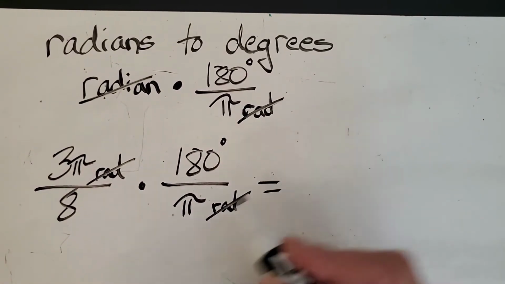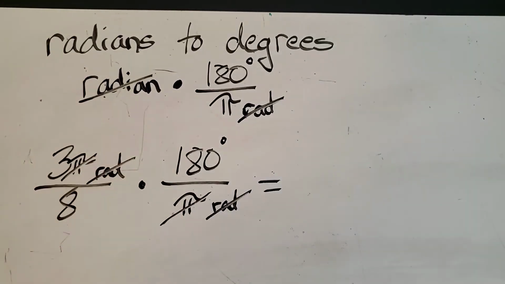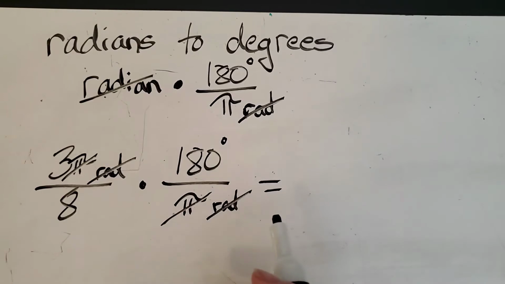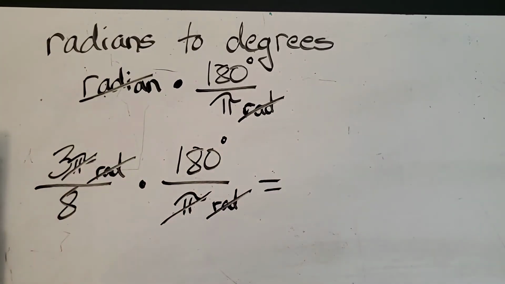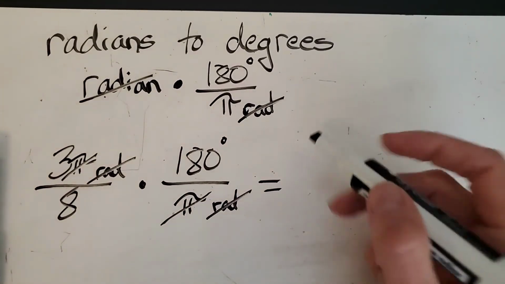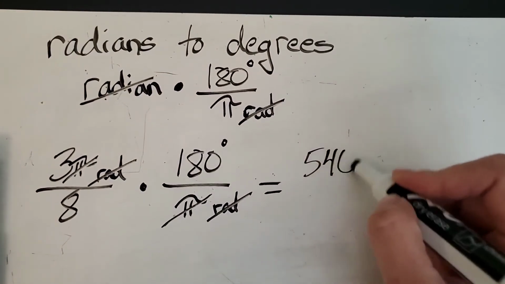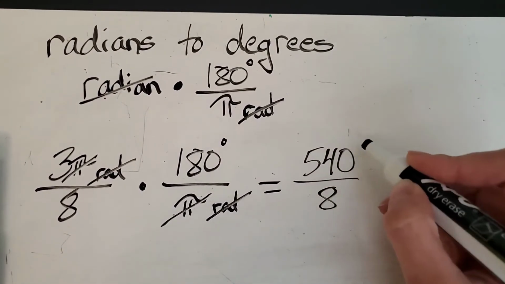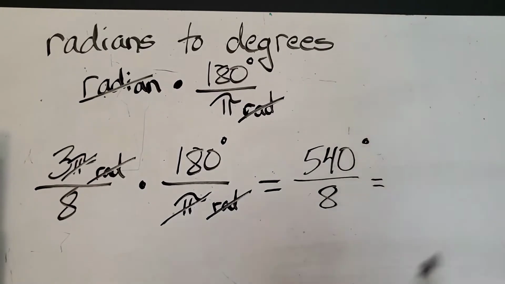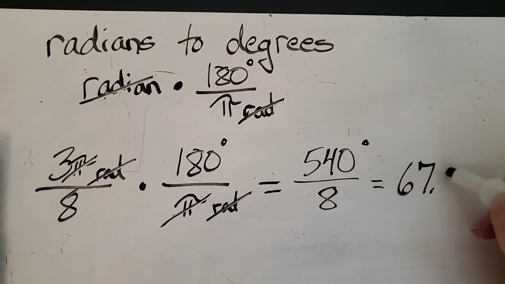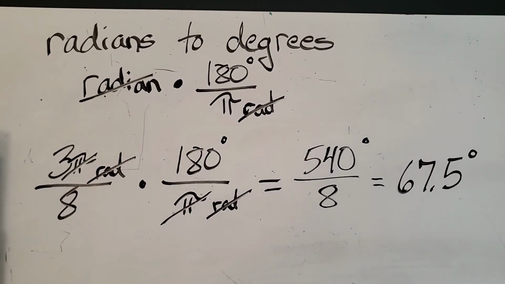And notice that my pi cancels out as well, a pi on top, a pi on the bottom. And so I have 3 times 180, which is 540 over 8. And this will be degrees. 540 divided by 8 is 67 and a half. So 3 pi over 8 radians is 67 and a half degrees.